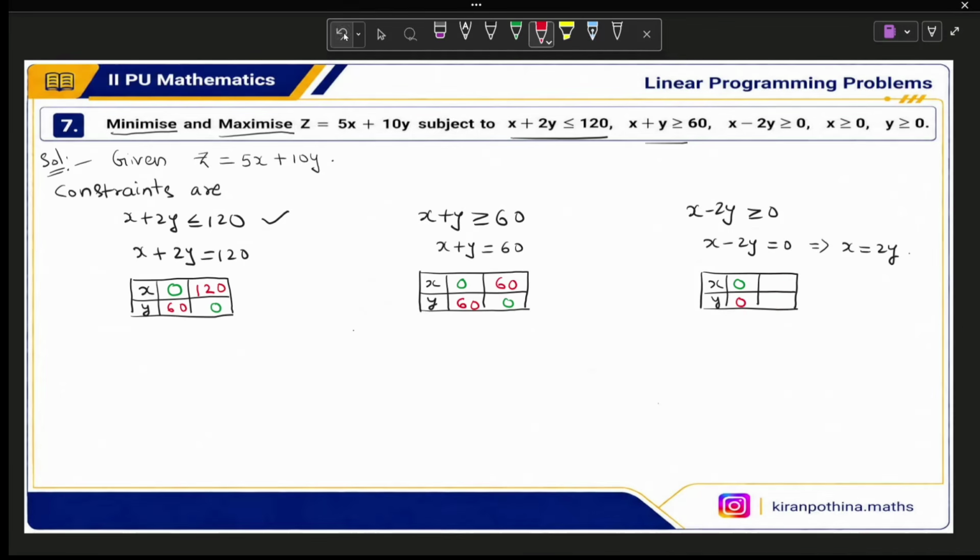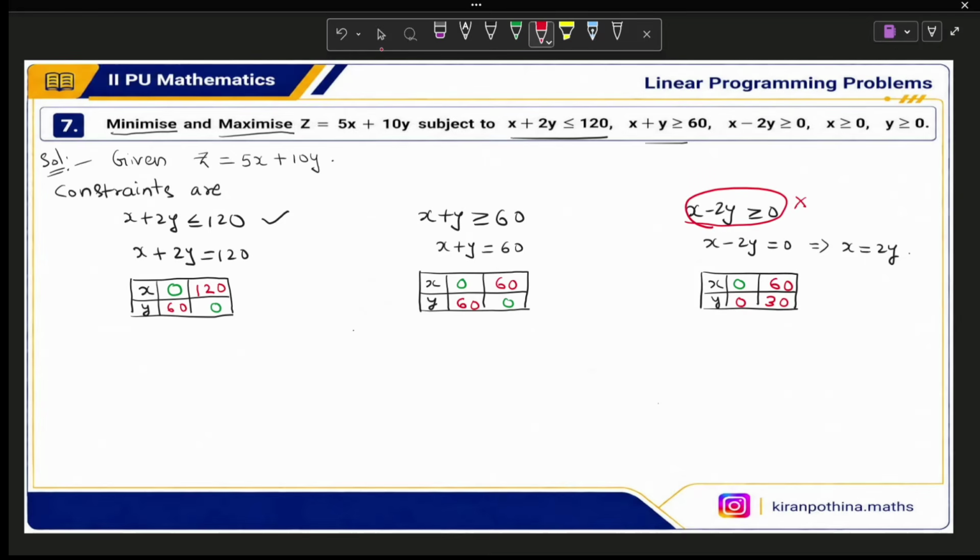From one point we cannot draw a line. So after getting 0 comma 0, we should take another value. I will take y value 30, so that x value will be 60. Like that we have to take points. If you observe this equation, is there any constant?